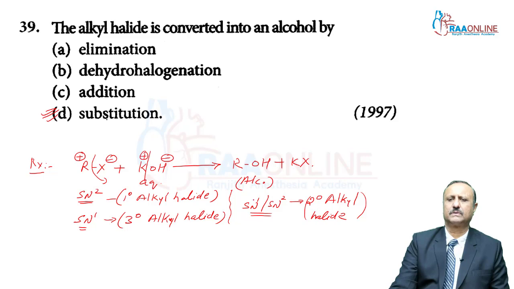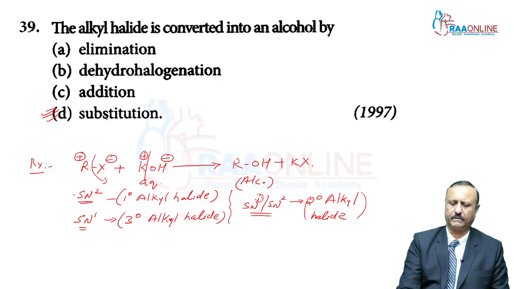When you use a base which easily replaces the halide ion and a carbocation is formed, then it goes by SN1. When a weak base is present and does not replace the halide ion, then SN2 transition states are formed. So, my dear students, this is a concept you must learn, the concept of SN1 and SN2 reactions, which you always see in your question paper.